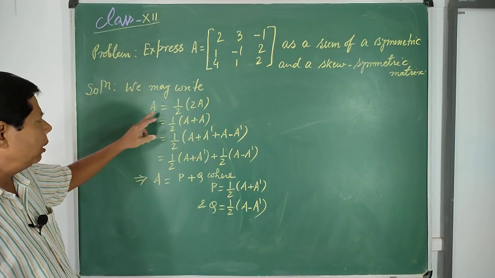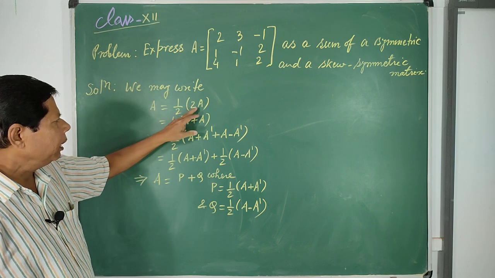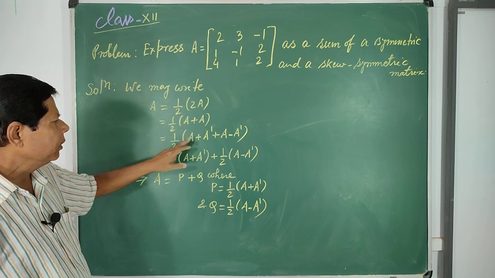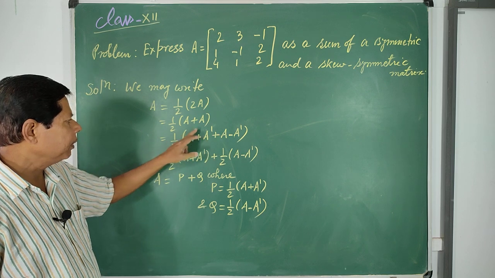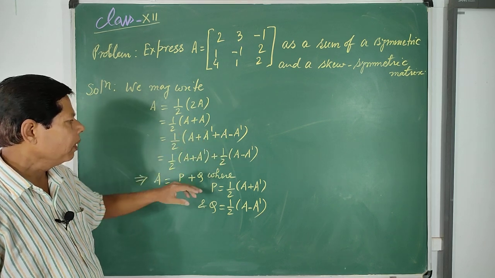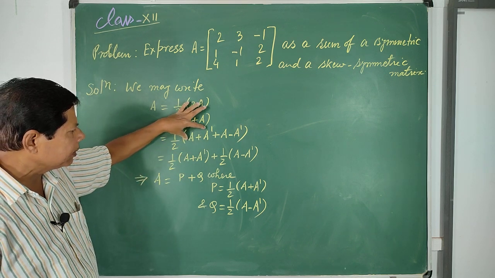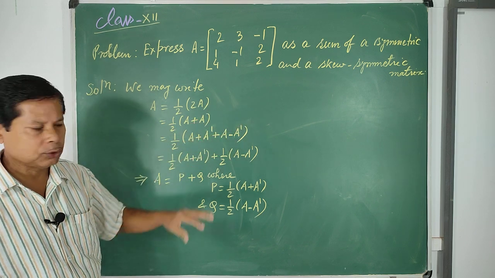See here, this is half into 2A, 2 gets cancelled, this is equal to A. This 2A can be written as A plus A. Thereafter, we have added A dash and subtracted A dash there. We have done this because we know that A plus A dash is symmetric and A minus A dash is skew symmetric.